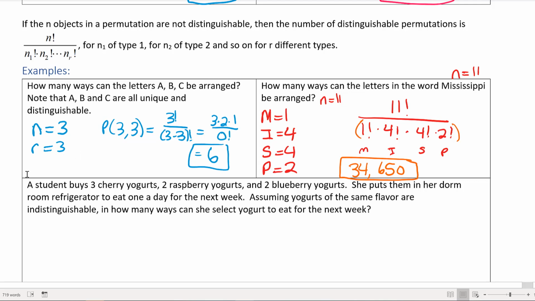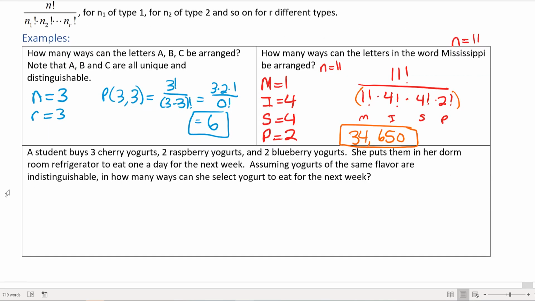Next, we have a student who buys 3 cherry yogurts, 2 raspberry yogurts, and 2 blueberry yogurts. She puts them in her dorm room refrigerator to eat one a day for the next week. Assuming that the yogurts of the same flavor are indistinguishable, how many ways can she select yogurt to eat for the next week?